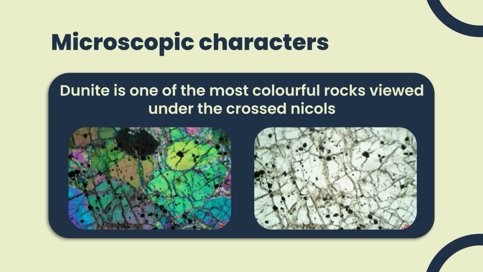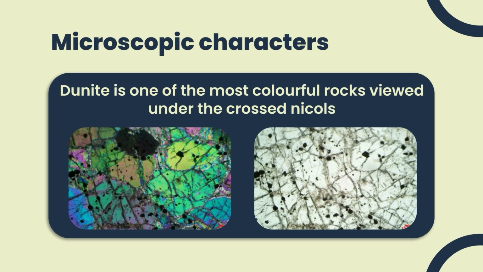You can see highly fractured olivine crystals, and also black specks of opaques. These opaques can be different minerals like spinels, it can be chromite, magnetite, ilmenite, which form at an early stage of magma crystallization. Maybe some of these grains are occurring as inclusions within olivine.